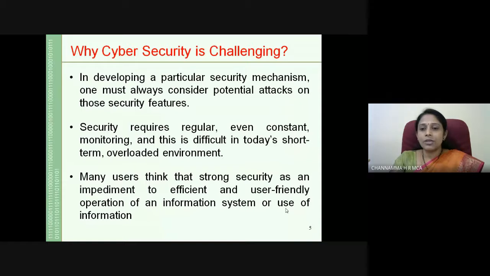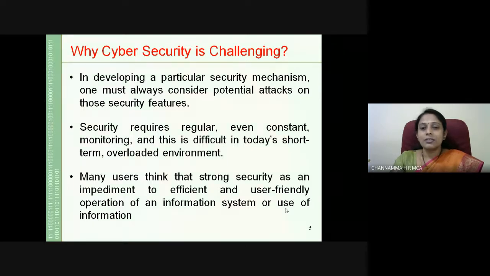One more problem is that we feel security is an extra step. As I told you, we fix an iron door to our house, and while opening, we need to first open the iron door and then the wooden door. If we feel that is extra work, then no security can be provided, right?